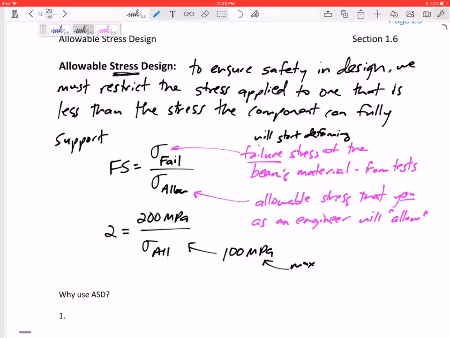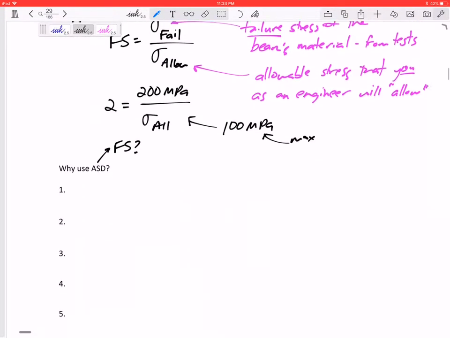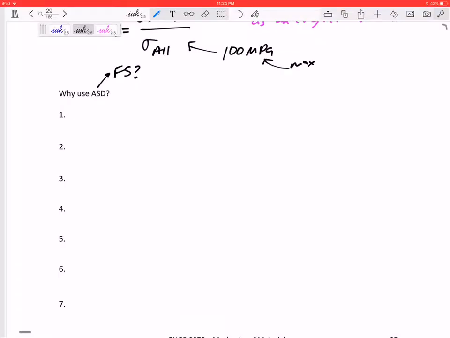Okay, so why are we using allowable stress design? Why are we using a factor of safety? Well, a lot of different reasons. First, let's say load uncertainties. You may think that this beam needs to withstand this load, but what if it's a little bit more?